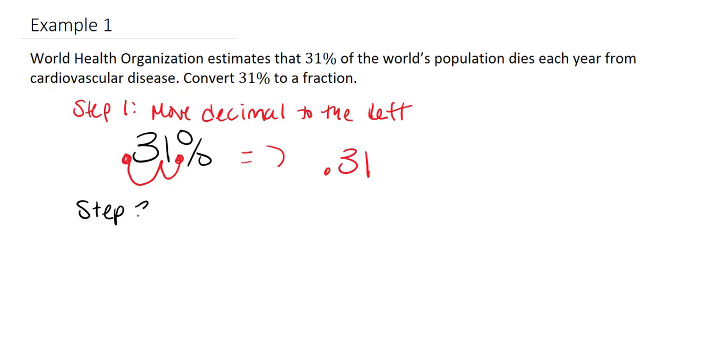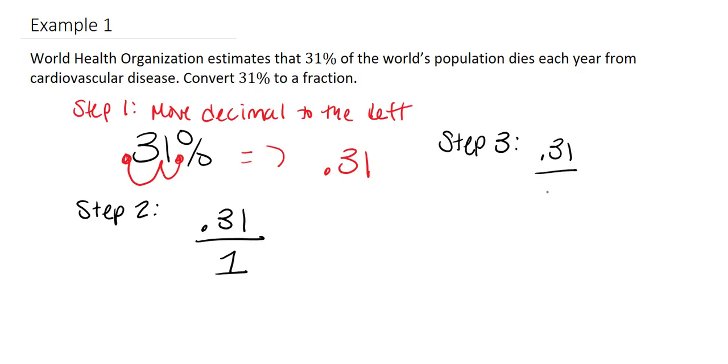So now step 2, we're going to put 0.31 over 1. Then step 3, we're going to go 0.31 over 1, and then we're going to go ahead and multiply it by 10 for each number after the decimal.